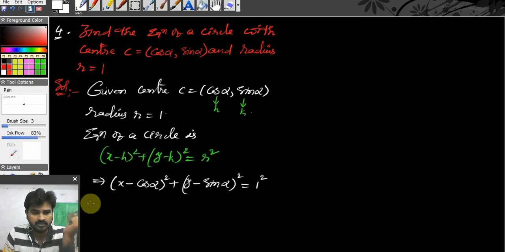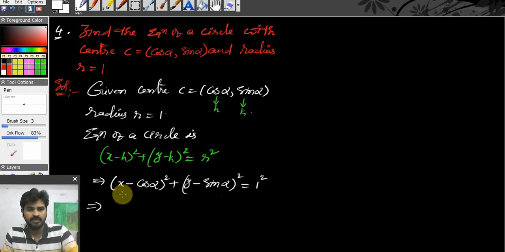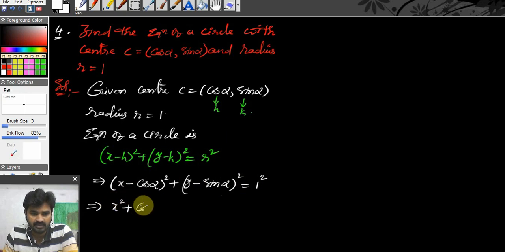So you can expand the equation. This is of the form (a minus b) whole square, and the formula is a square plus b square minus 2ab. Here a means x, b means cos alpha. So we get x square plus cos square alpha minus 2x cos alpha.